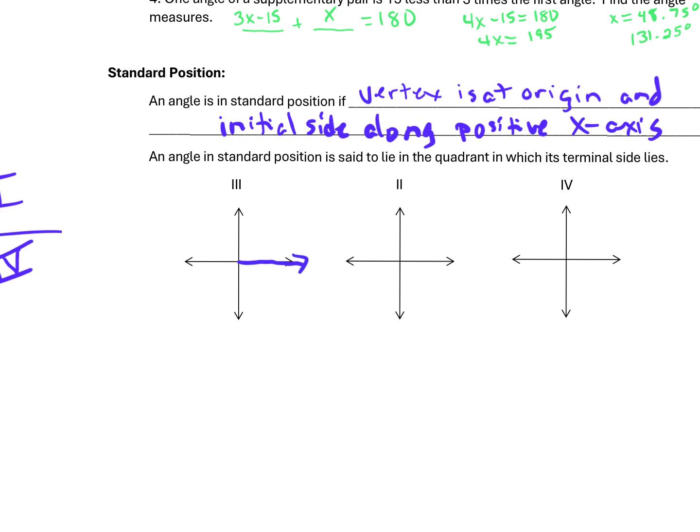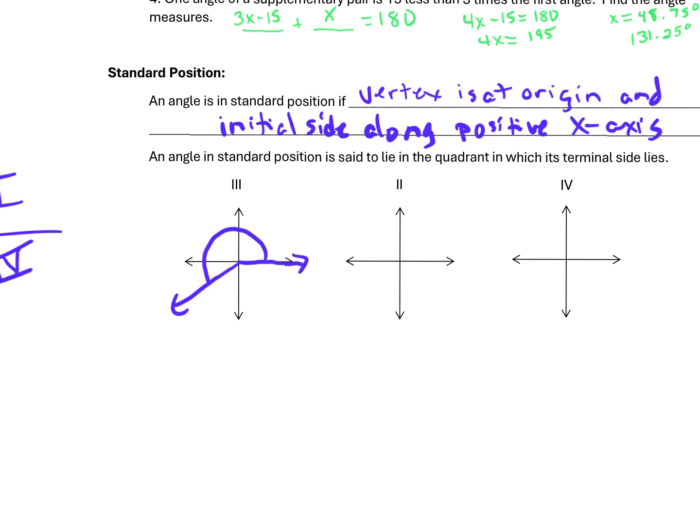We have a ray, its initial side is along the positive x-axis, and then we rotate to some place and it stops in quadrant 3. So that's an example of an angle in standard position that we would say is in quadrant 3, because where it stops, where it terminates the rotation, it's in quadrant 3.